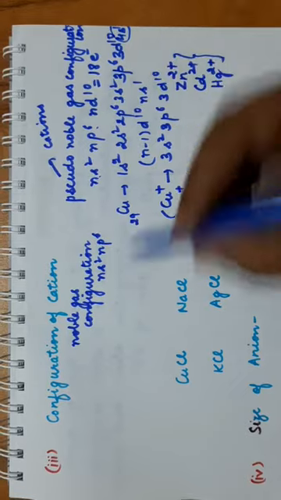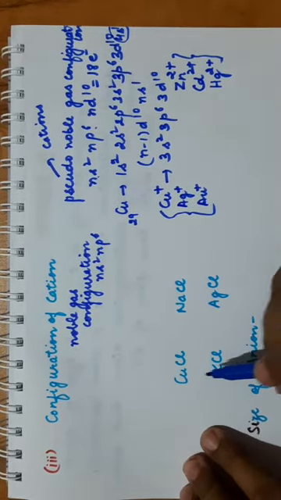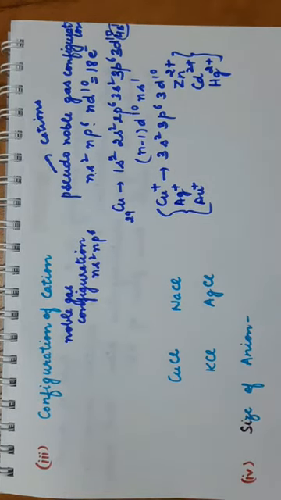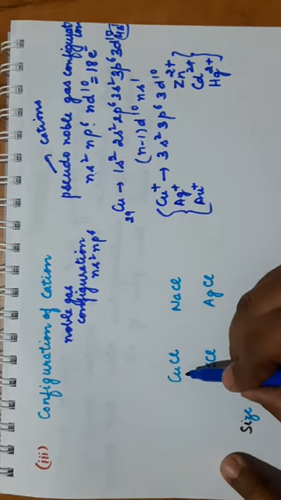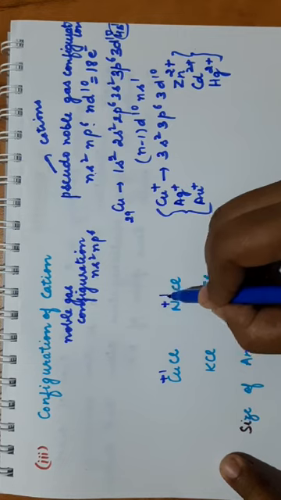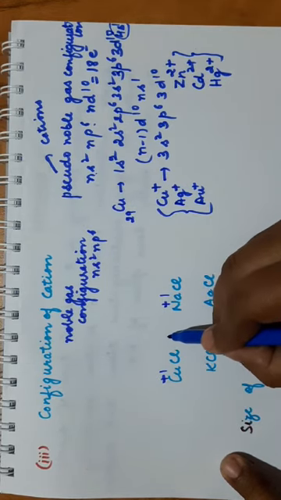So if we compare CuCl and NaCl, they have almost the same size. Both have +1 charge. Z effective will be high in copper as compared to sodium, so it will have more covalent character.